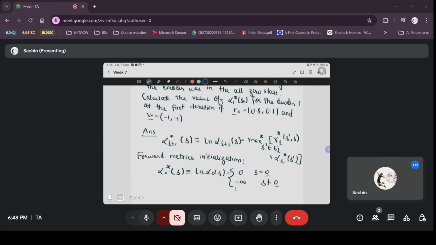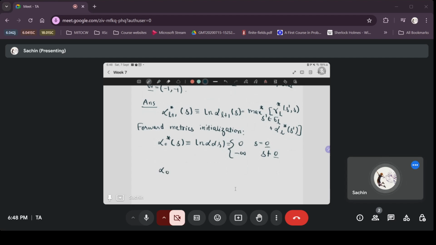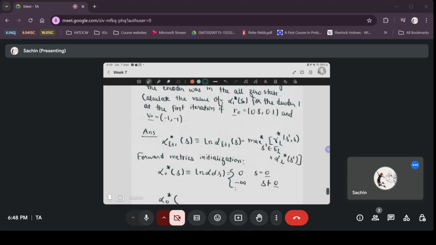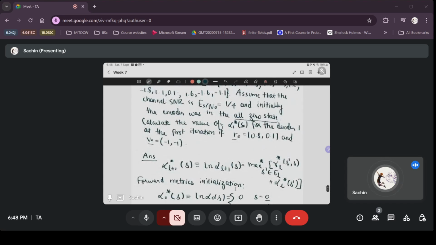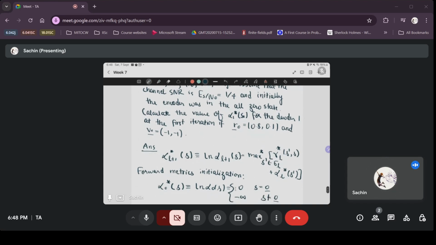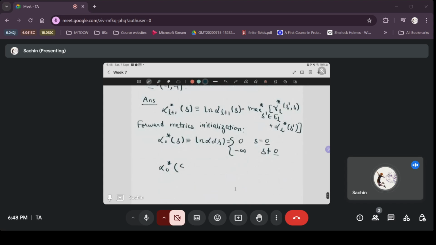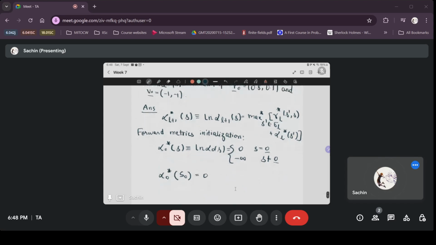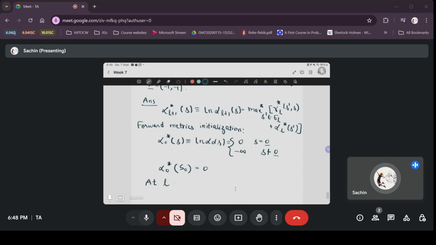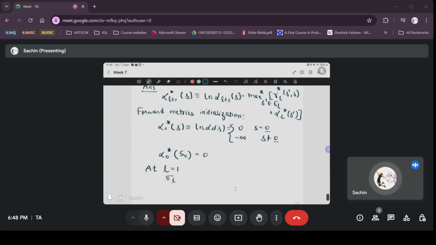So here, S0, if you take that as the initial state, it's the all 0 state they have given. The encoder was in the all 0 state initially. So alpha 0 star of S0 is 0, right? Now at L equals, sorry, instead of 1, it should be 0. At L equals 0, sigma L is nothing but S0. So time instant 0, initial time.